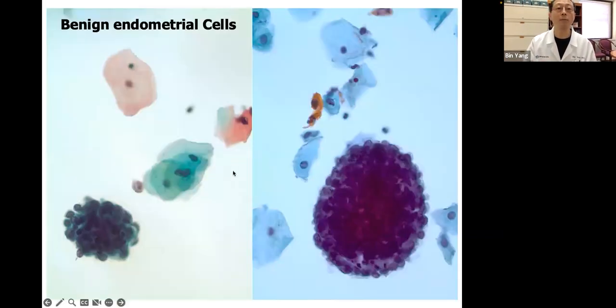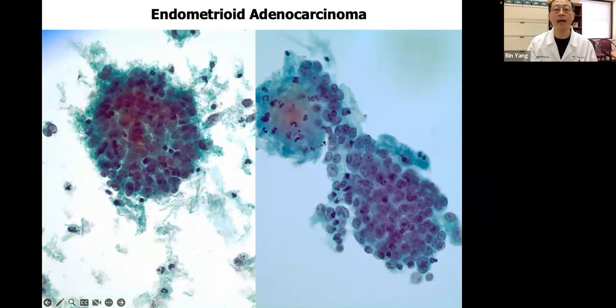So this is normal benign endometrial cells. You have a perfect 3D group with a community border, very homogeneous small nuclei. And this is adenocarcinoma. You've got this peripherally frothy, dirty background, enlarged nuclei with conspicuous nucleoli and an open chromatin pattern. This is another one.